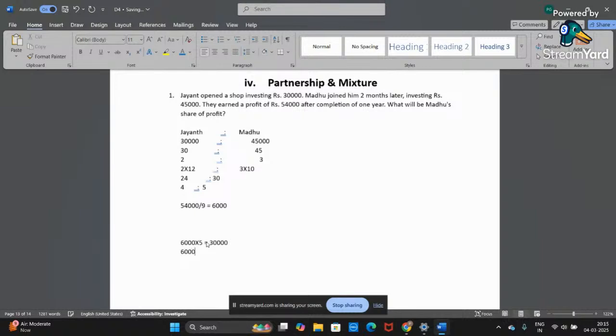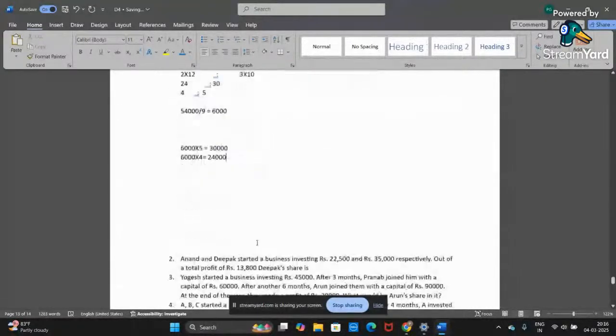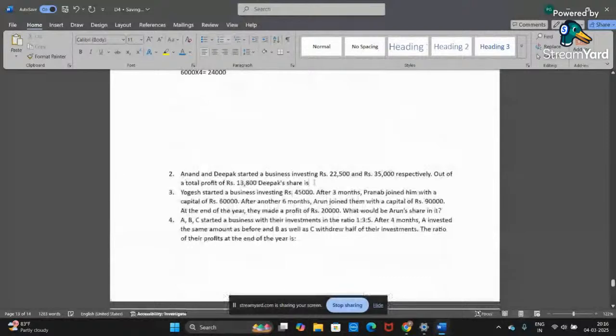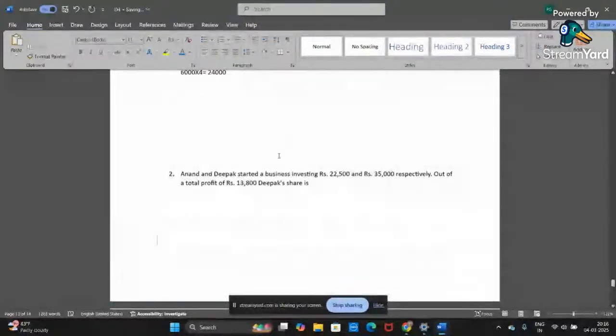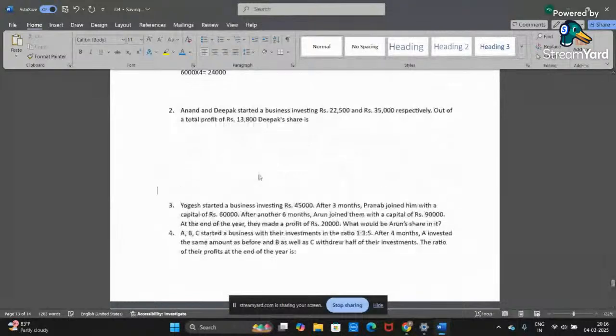Again, we have to multiply this 6,000 with Jayant's ratio, which is 4, right? So after calculating, we'll get 24,000. If we add both of these, we'll get 54,000. Okay. Now let's move on to find the next one. Any doubt in this?